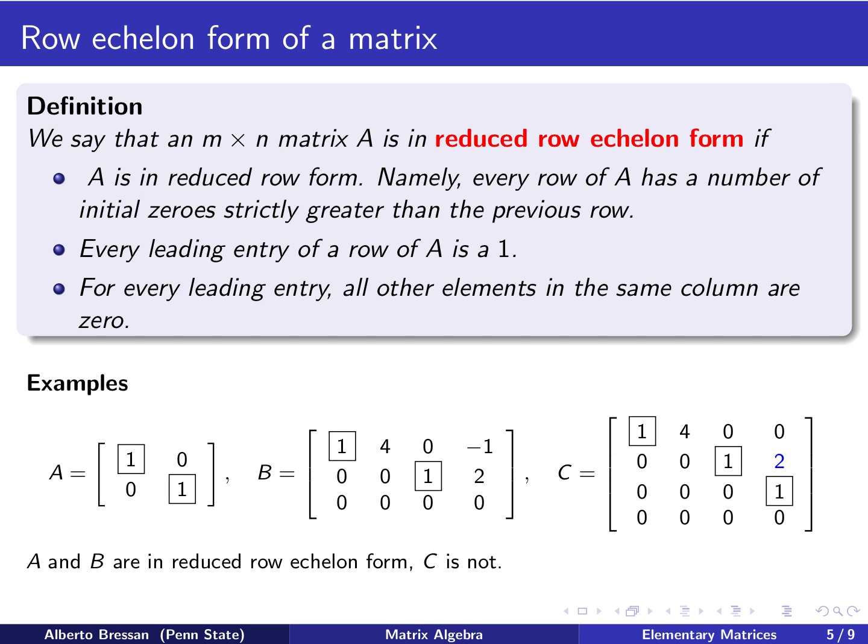This leading entry is 1 and all the other elements are 0, so that's okay. And this column, all the other entries are 0. And then the last leading entry 1 here, look at this column. Well, this guy is not 0, so condition 3 fails, and therefore C is not in the reduced row echelon form.